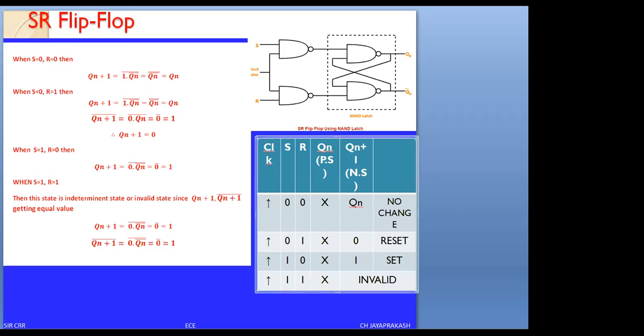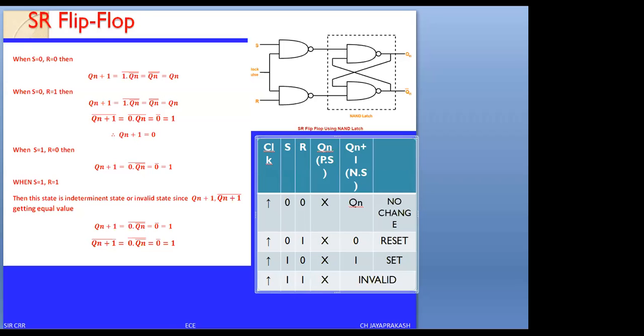Okay, when S is 0 and R is 0, this is called the no change condition, or hold condition, then the present state and next state will be equal. That is Q of n plus 1 equals Q of n. Similarly, second condition, when S is 0 and R equals 1, the next state will be the reset condition.